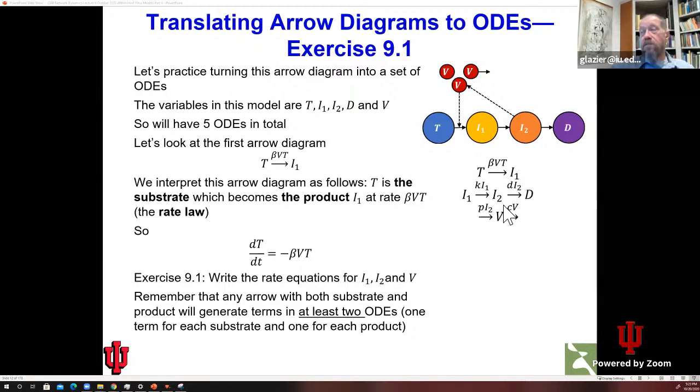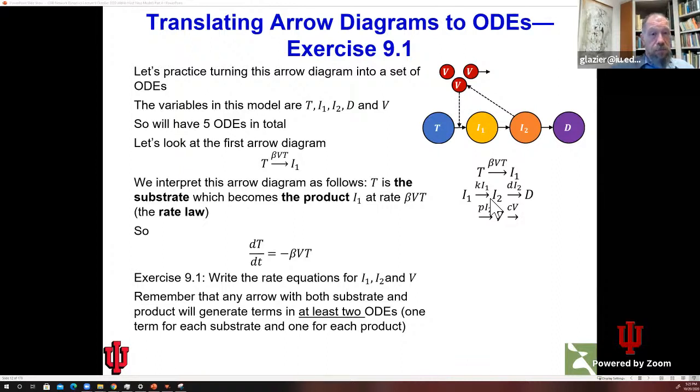In principle, if a species showed up multiple times, suppose I had 10 arrows all pointing to I1 or away from I1, then I would have multiple terms in my equation for I1. In this case, as a hint, there's 1 arrow pointing at I1 here. There's 1 arrow pointing away from I1 here. That tells me my rate equation for I1 will have 2 terms.